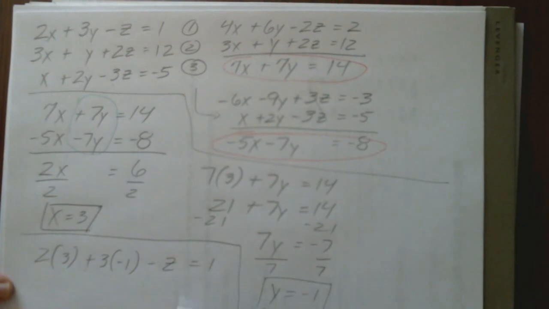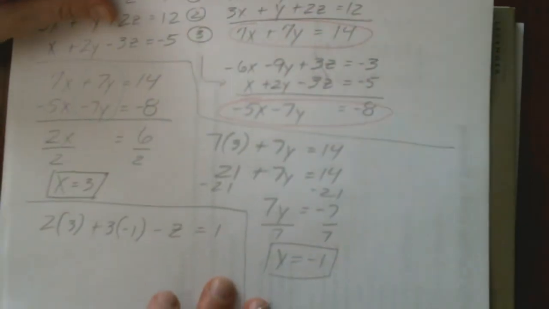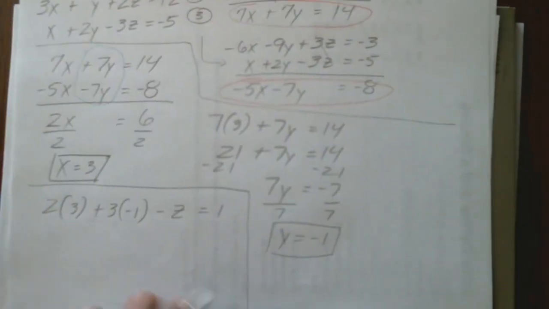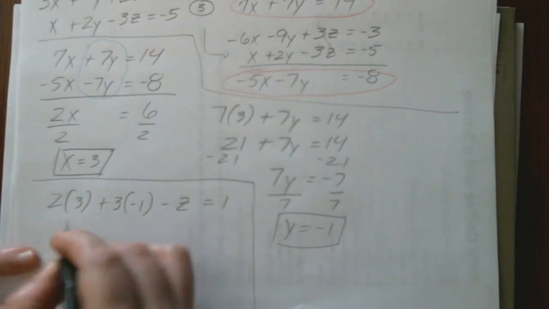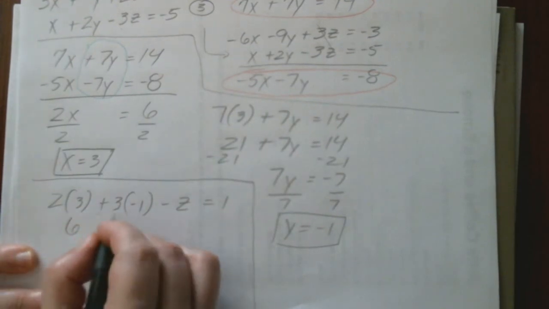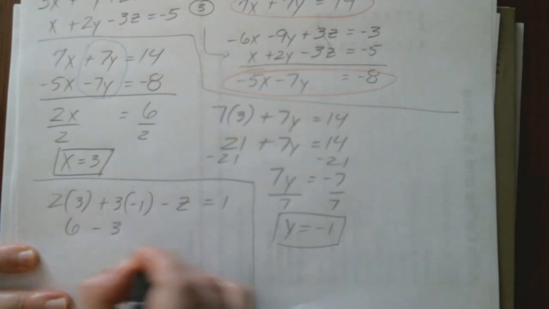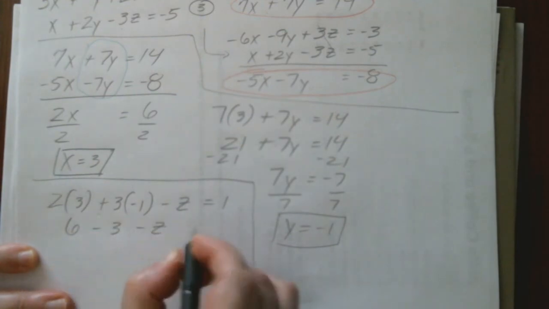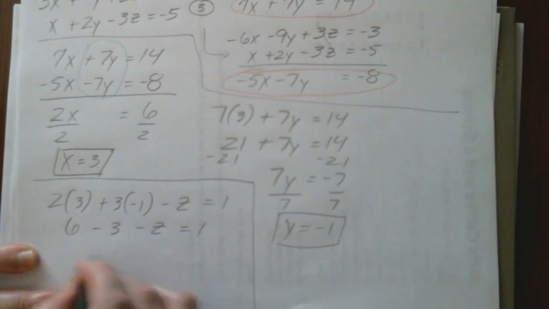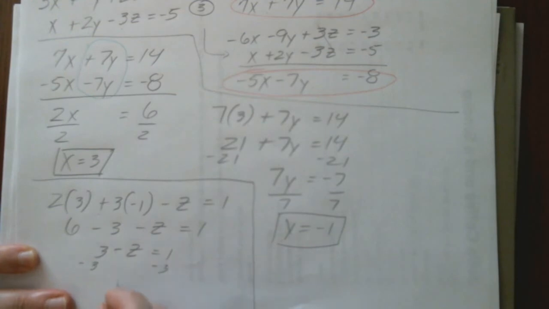And just to kind of have some separation here from the other work, I'm just going to box this. Okay, so 6, this would be plus 3 times negative 1, which is plus a negative 3, which is just minus 3, minus z equals 1. 6 minus 3 is 3. And then subtract the 3 from each side. Negative z equals negative 2.